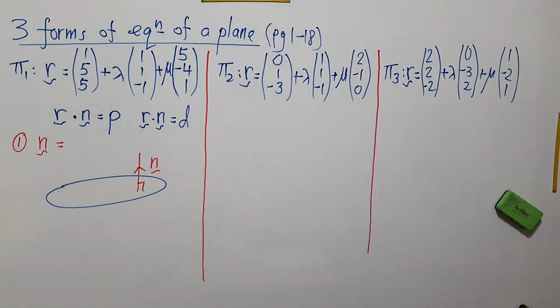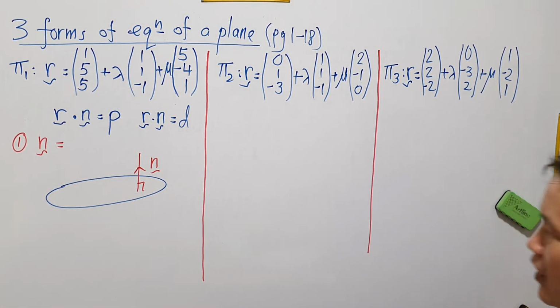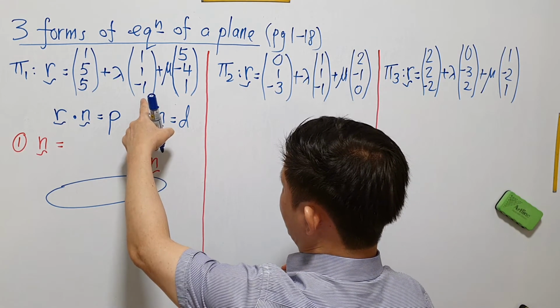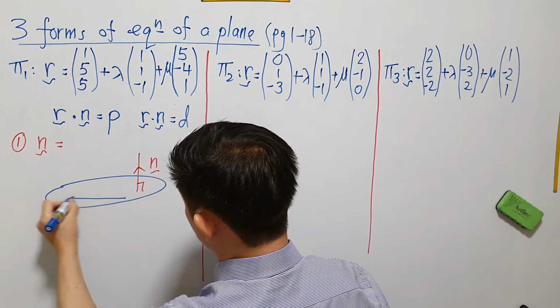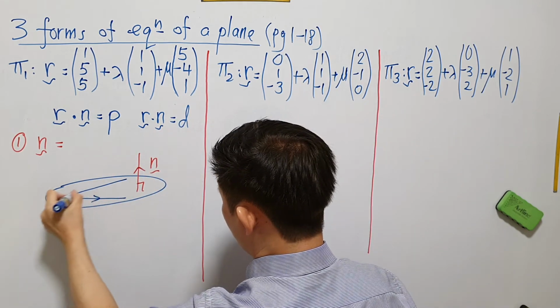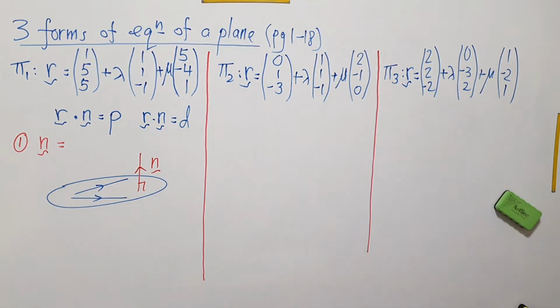So how do you find a vector that is perpendicular to the plane? The obvious choice is to use a cross product. How do we do it? Bear in mind that this vector is parallel to the plane, and this other vector is also parallel to the plane, and they make very good choices.